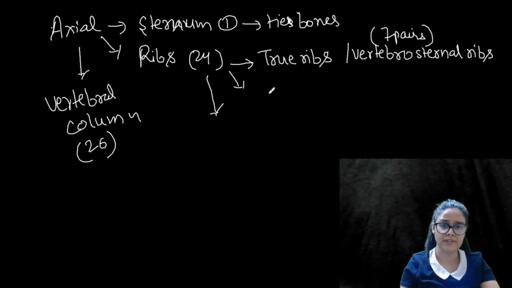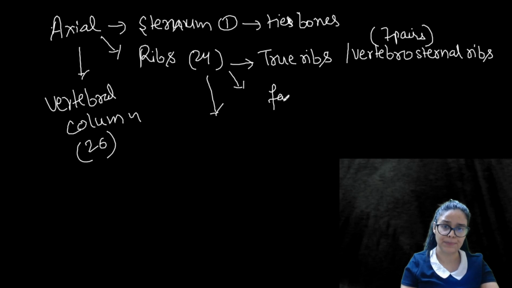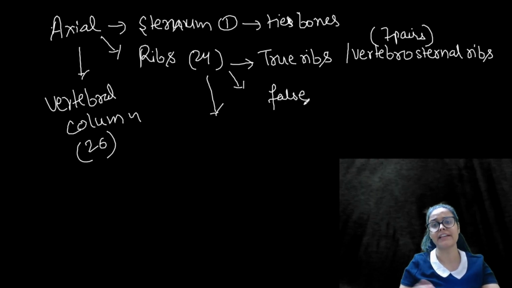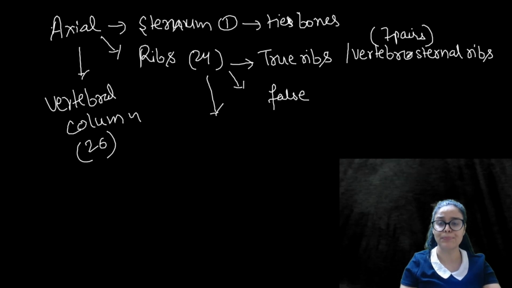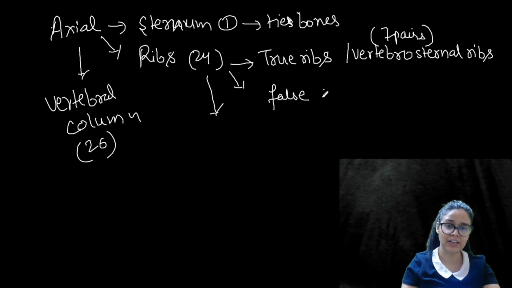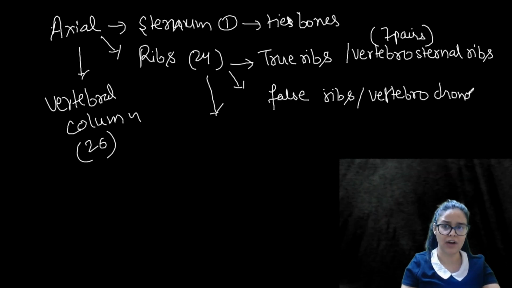Then the 8th, 9th and 10th pairs are false ribs, because they are attached to the vertebral column, and ventrally they are attached to the 7th pair of ribs, not directly to the sternum. That's why we call them vertebrochondral, right? Vertebro means vertebral column, chondral means with the help of cartilage.